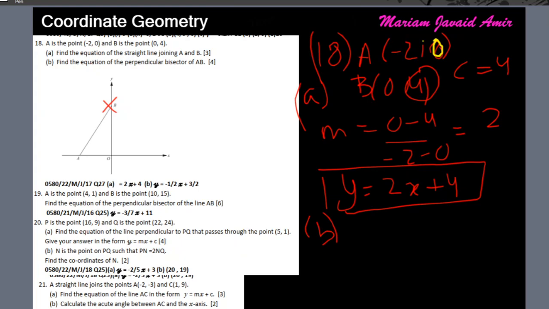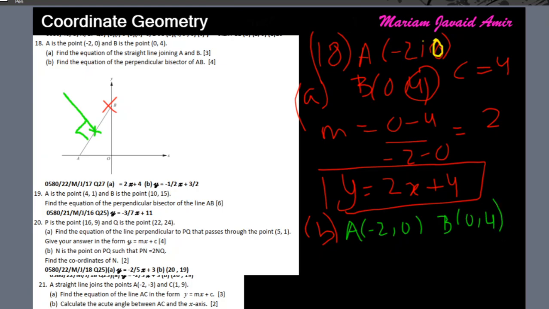18b is find the equation of the perpendicular bisector of AB. Now a perpendicular bisector is a line which passes through this line and cuts exactly at the center of AB. And also it is perpendicular to AB. So first I need the center of AB. I know A is minus 2 comma 0, B is 0 comma 4.